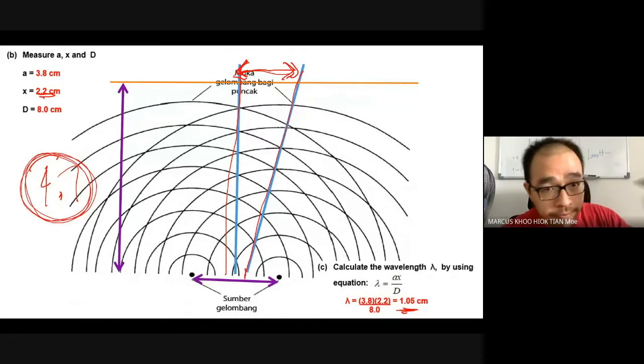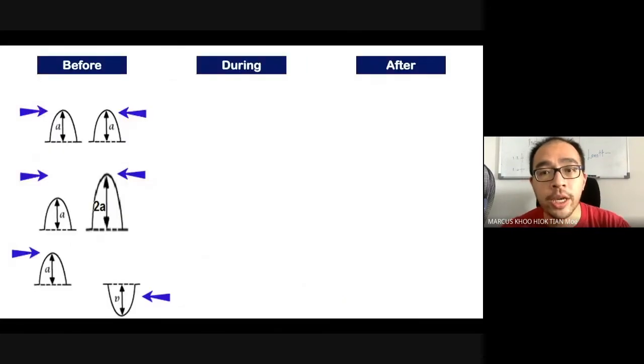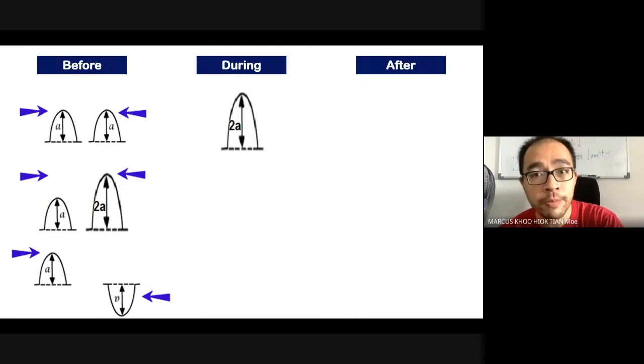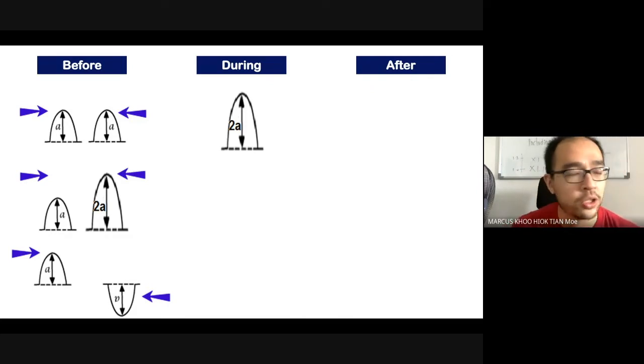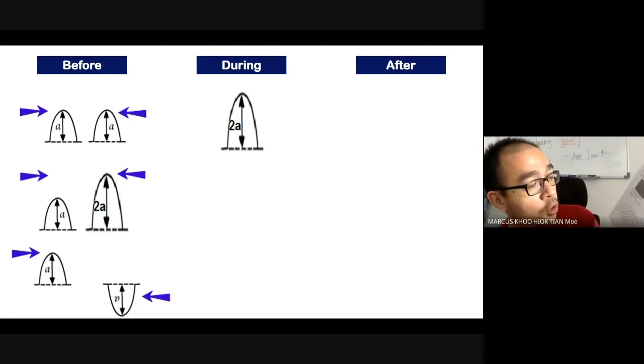All right, so the next question is just a reminder. Remember that during the superposition, sorry, this is in your module. In case you're not sure, this is in your module. This is question number 2.